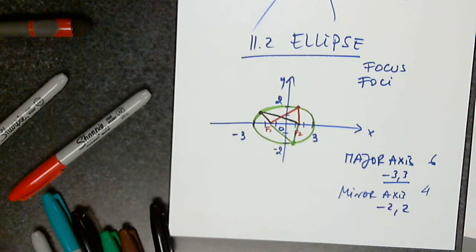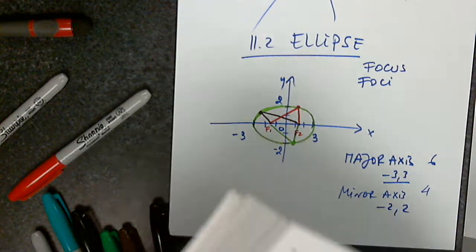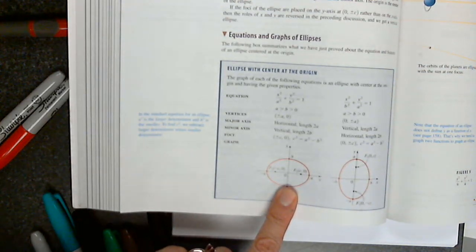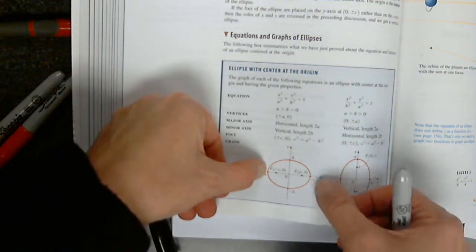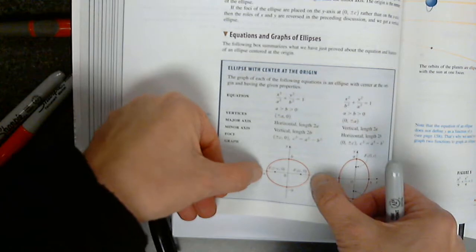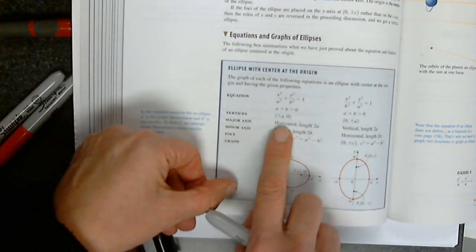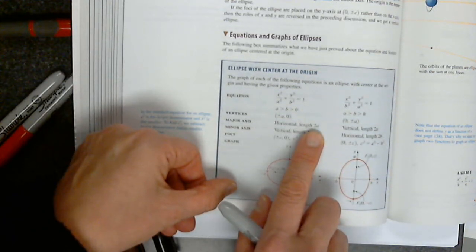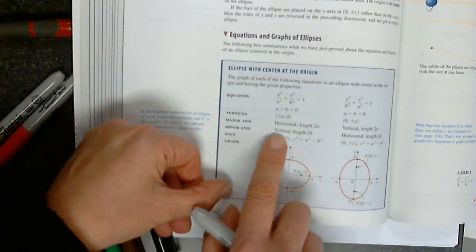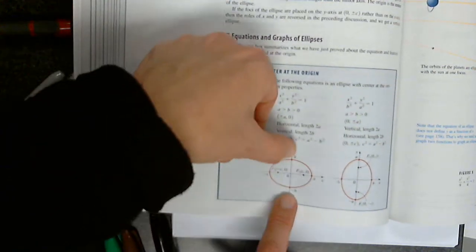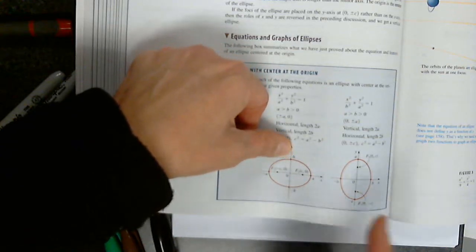Okay, so let's look at page 734 at the bottom. This is the first ellipse that we just graphed, in which we had the major axis between -a and a, horizontal, length 6 in my example. The vertical axis, in this case the minor axis, between -2 and 2 in my example.